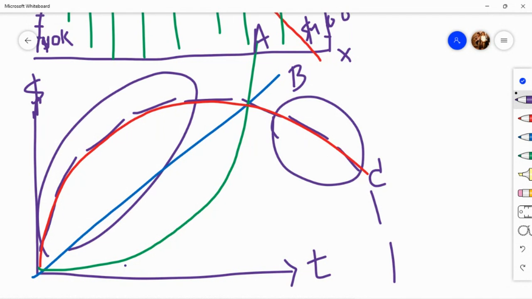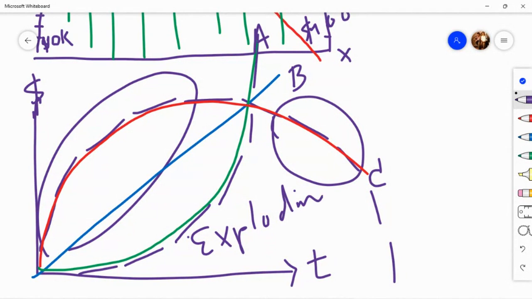And then this is called the exploding or explosive pattern. Early on, the slope is very flat, but as time goes by, the slope is getting steeper. That means it's increasing at an increasing rate. This is called the exploding pattern, or exponential growth.